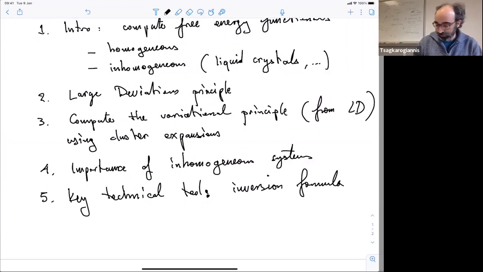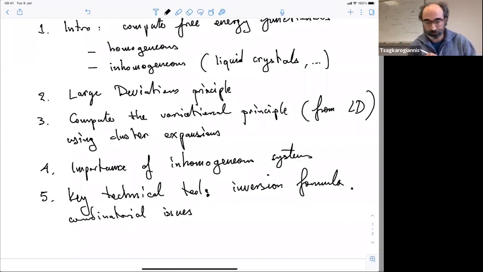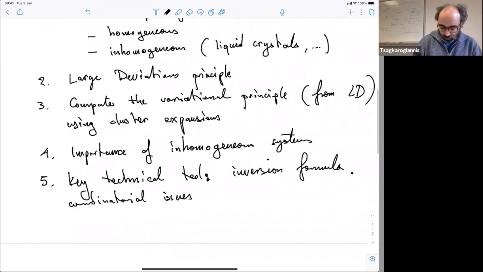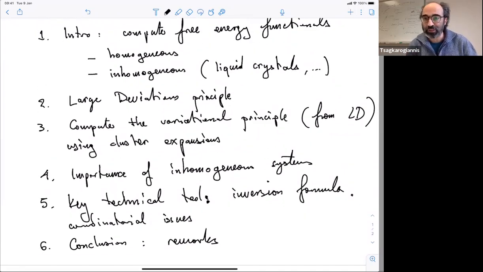And there are some combinatorial issues related to that. And then I will conclude with some conclusions. Okay. So I have planned it like 10 minutes each one of these. So let's see what I will manage to do.